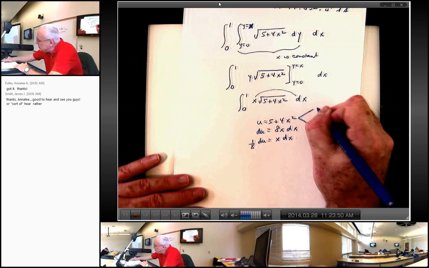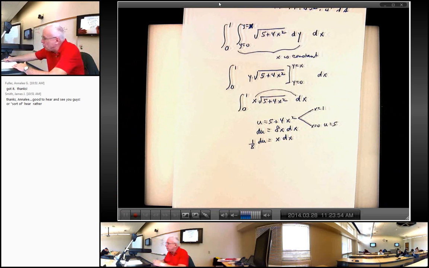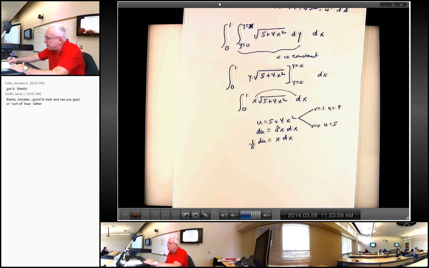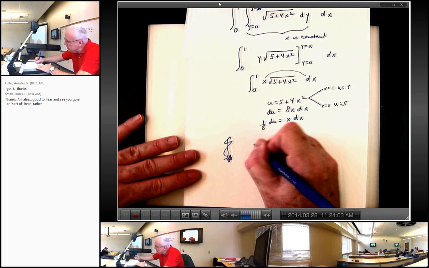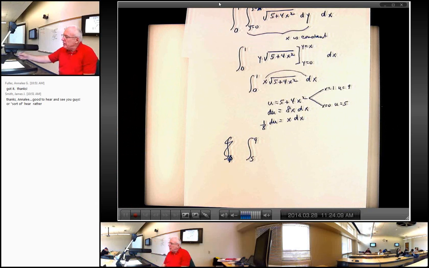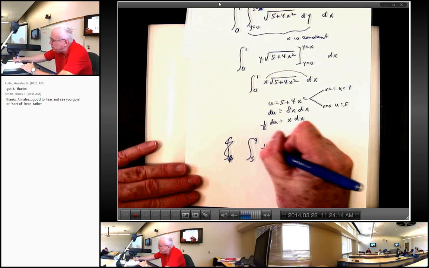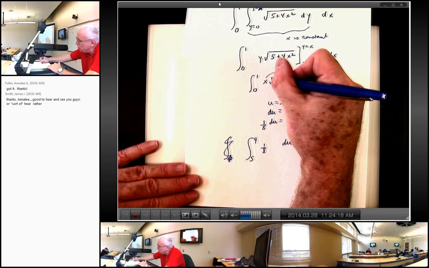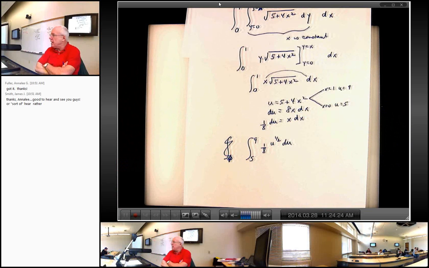And when x is equal to 1, u is going to be equal to 5 plus 4. u is equal to 9. So my new limits of integration are going to be from 5 to 9. And then my integral is going to be what? Well, x dx I'm going to replace by 1/8 du, and this is the square root of u, or u to the 1/2 power. So I just evaluate that integral.